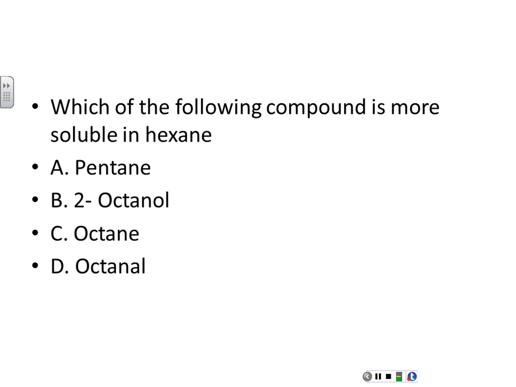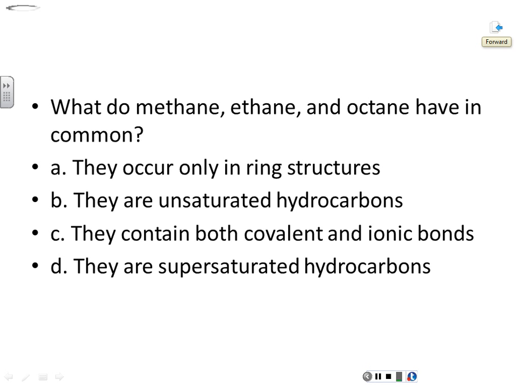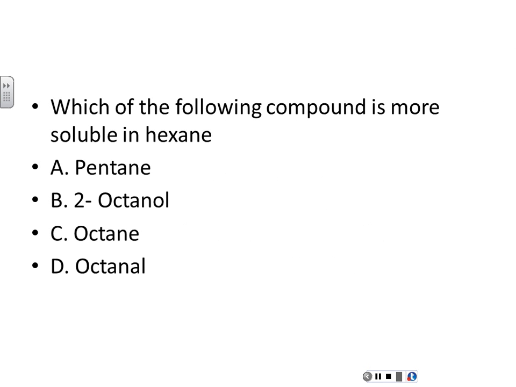Which of the following compounds is more soluble in hexane? Pentane. So it's an alkane. Five carbon. But suppose London. Oh, sorry. 2-octanol.